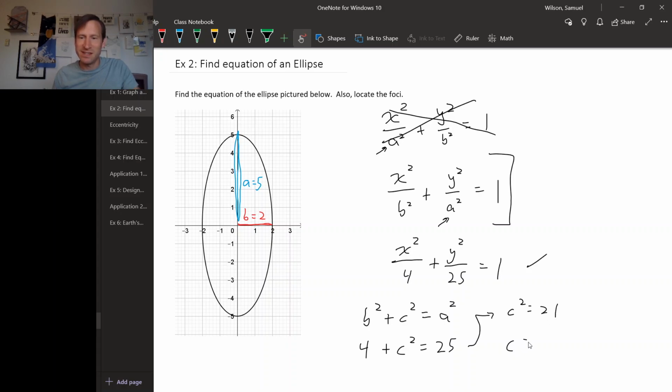And that means c is the square root of 21, which is about 4.6. Remember, the foci are along the major axis, so this 4.6 is the distance from the center up and down to the foci. So it looks like our foci are going to be here and down here.